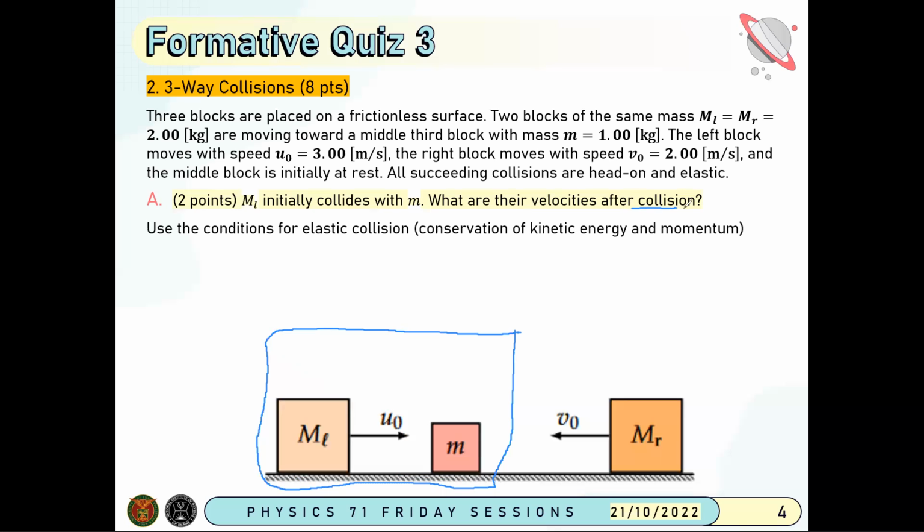All collisions conserve lagi ang momentum. Okay? But if the collision is head-on and elastic, right, then dapat conserve din si kinetic energy. Okay? So yan yung conditions for an elastic collision. If may collision, automatic conserve si momentum. If elastic, then automatic conserve din si kinetic energy. Okay?